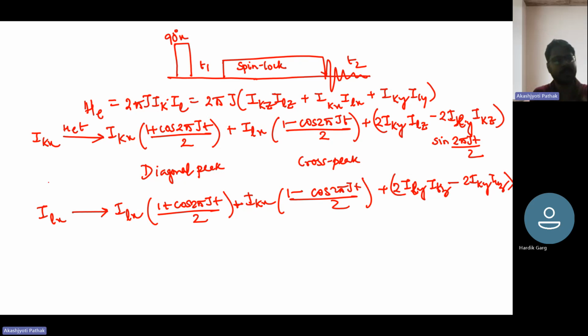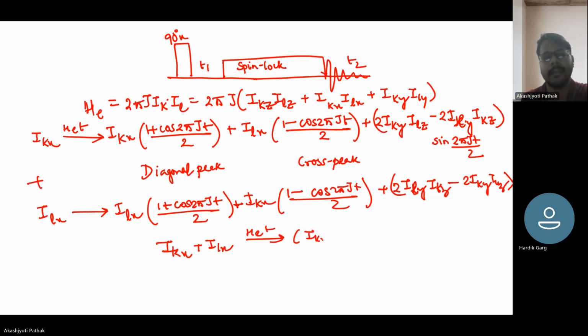So when you add these two expressions, in this period the X magnetization remains constant: IKX plus ILX will become equal to a constant, because all these terms will get cancelled. These ones will get cancelled with this term, and when you open these brackets and solve this, these terms will also get cancelled.